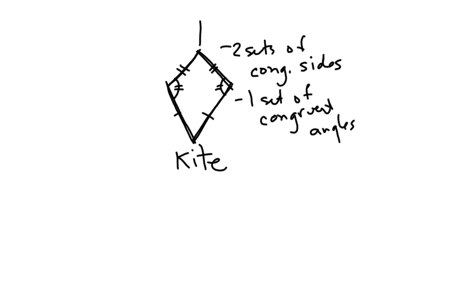And the last one for a kite that makes it special is when you have diagonals, and diagonals join opposite angles. The diagonals always meet at 90 degrees. So that's what makes the different quadrilaterals.